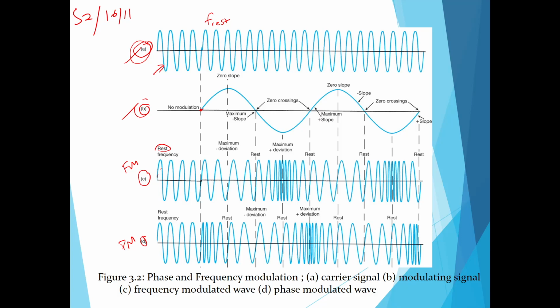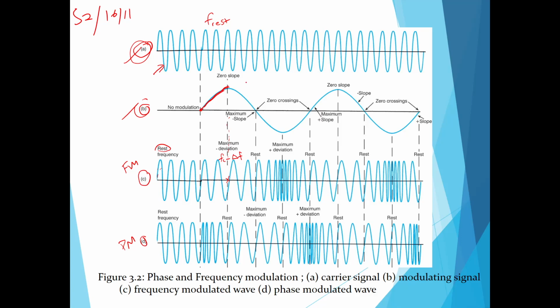Then when the modulating signal moves to peak amplitude, the frequency of the carrier becomes minimum, which is the rest frequency minus deviation. So at this point, the carrier frequency is minimum, Fc minus delta f.